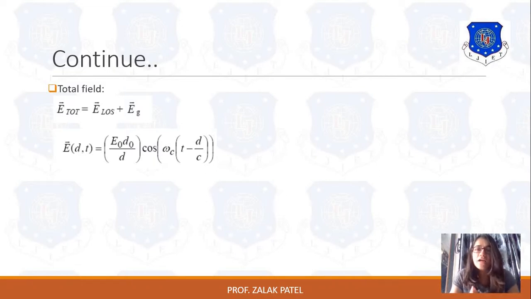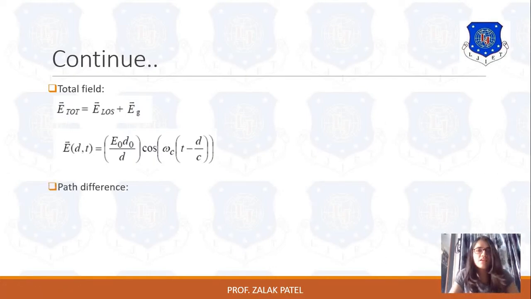Because of this retarded term, the whole electric field strength wave is delayed by some factor, and this delay is taken as d by c. D means distance upon velocity, and this distance upon velocity is nothing but time. So we can easily say that this wave is delayed by this factor.